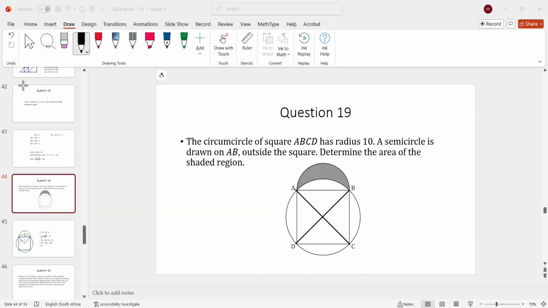So all these lines which come out from here are all equal. So that has to be the radius, because the center of the circle is the center of the square, where the two diagonals meet. It says that this has radius 10, so this is 10. All these are 10.